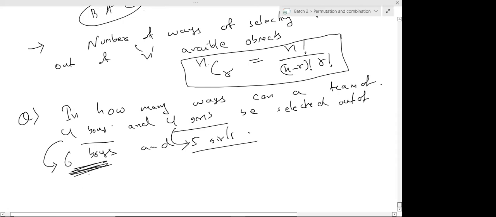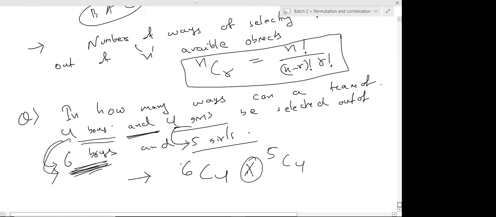So for this part, the answer will be 6C4, right? Sorry, 4 boys out of 6 boys, 6C4. And here 4 girls out of 5 girls. So 5C4. Why multiplication? Because you have to choose 4 boys and 4 girls, right? And whenever you use and, we need multiplication. So 6C4 into 5C4.